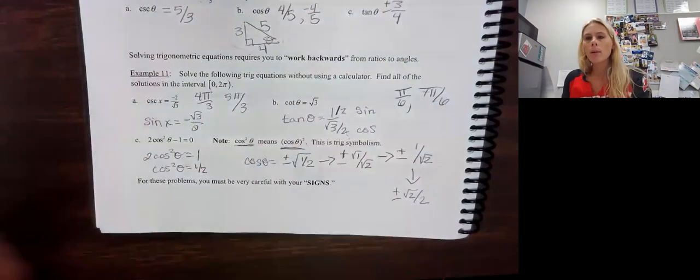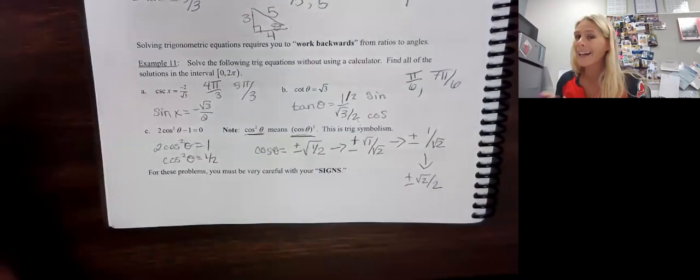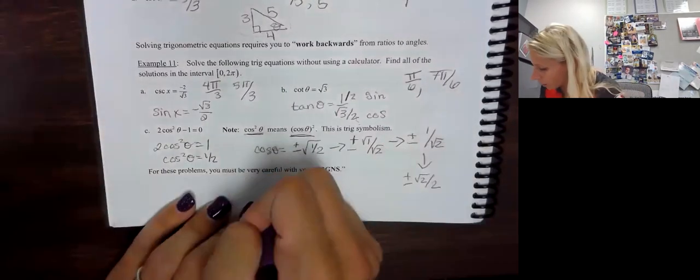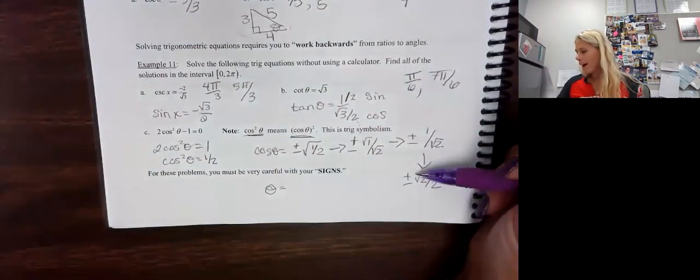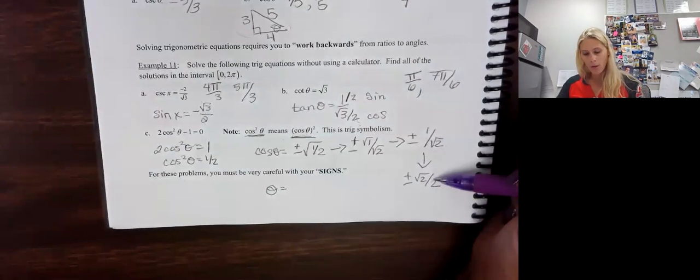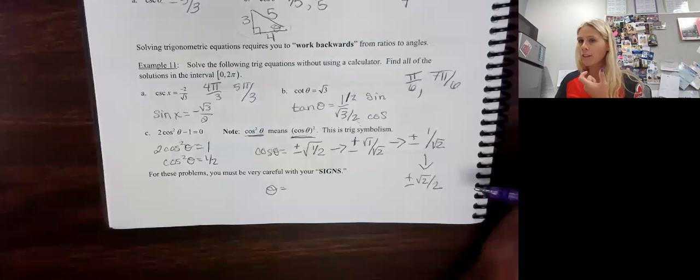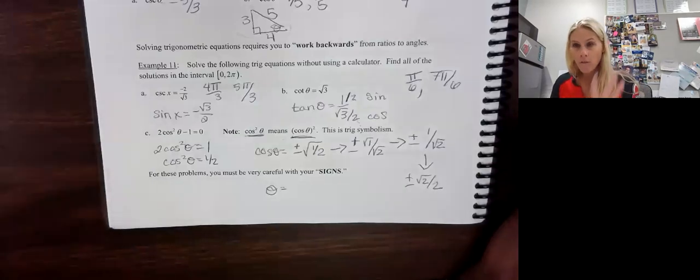If you can't remember how to simplify this, make sure you ask me about this later. Now, of course, I just solved, but I did not give the answers. So where on your unit circle do we have plus or minus cosine being the square root of 2 over 2? So remember, cosine is the first part of your coordinate, and you should know that we have 4 answers for this.